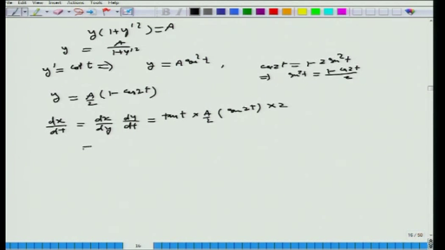So, this gives you tan t a into tan t into sin 2t. So, this is 2a sin t, and you will have this upon cos t into sin t cos t cancel. So, 2a sin square t.